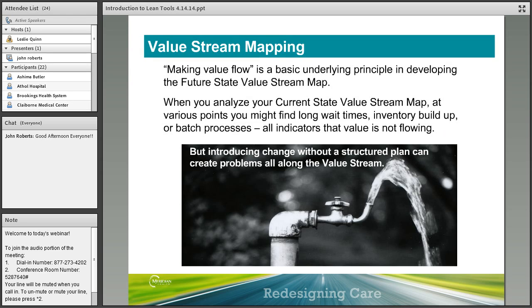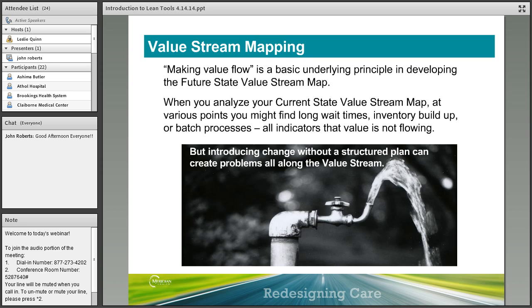And begin to look at redesigning the whole system. The current state map gives us the framework to design that future state map, and gives us an implementation plan to look at the low-hanging fruit, the no-brainers that we can get rid of right away, and then begin to look at some of those other issues.